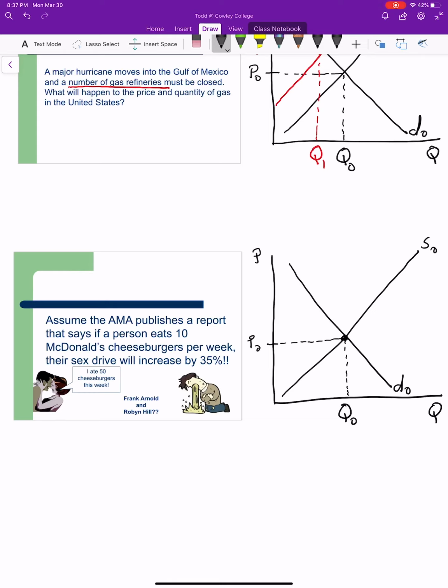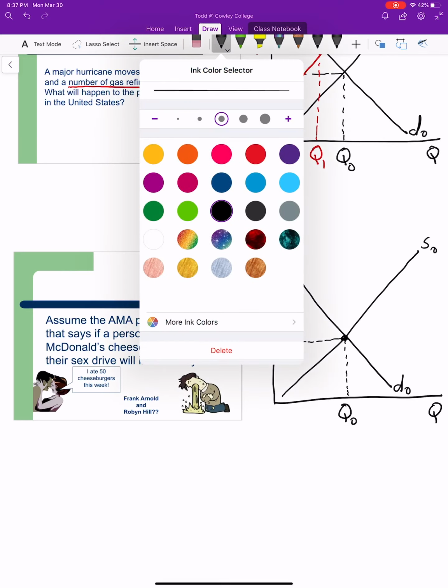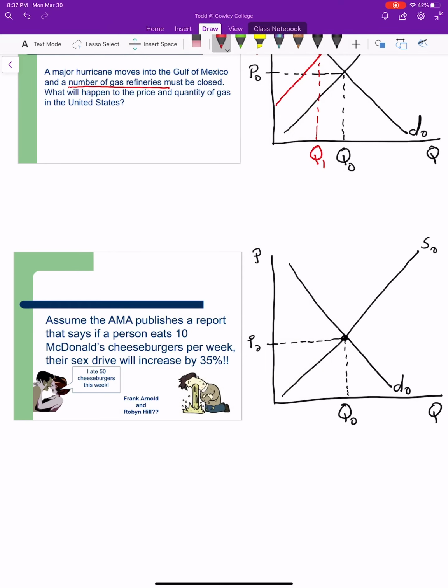Remember I said in that video that if you know it has something to do with consumption, but it doesn't fall neatly under any of those other categories, then it probably is a taste and preference. So if people read that their sex drive is going to increase by 35% if they eat McDonald's cheeseburgers, then that means their demand for McDonald's cheeseburgers is going to increase.